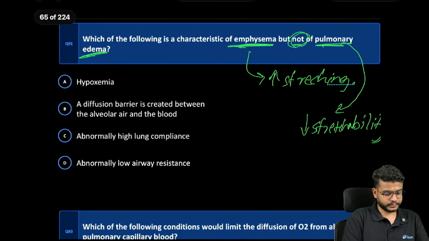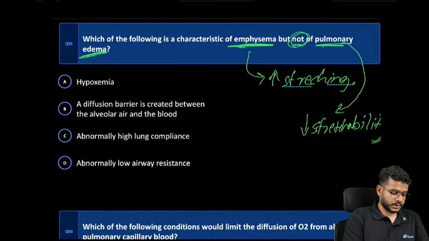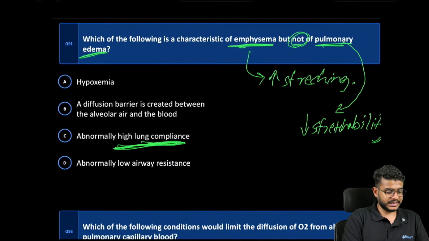Option hypoxemia? No, a diffusion barrier is created between the alveolar air and the blood. That is not the difference.